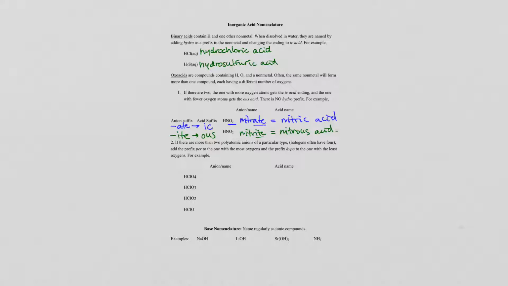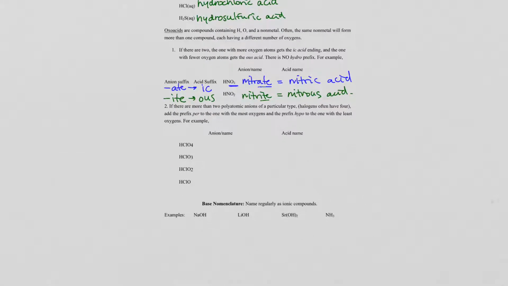I trust your reading of this part, but I'm going to talk through it as we do it. Starting at the bottom, we have hypochlorite, then chlorite, chlorate, and perchlorate. Those are just the names of the anions.